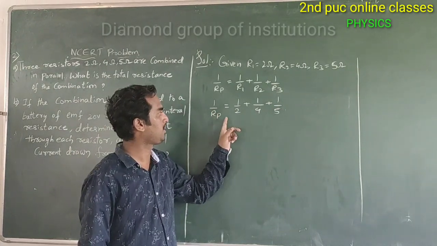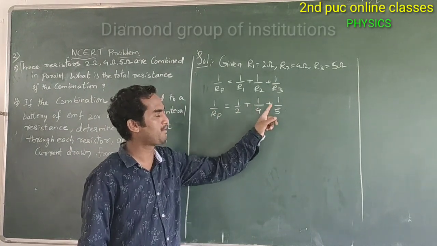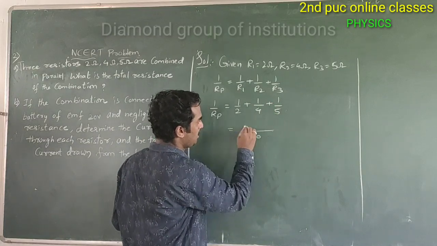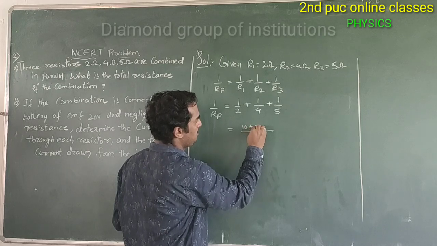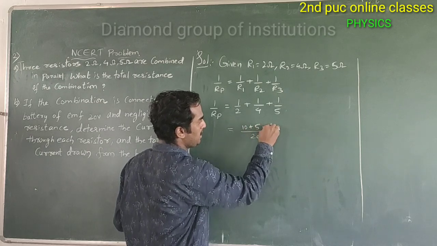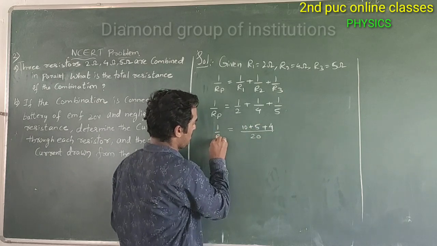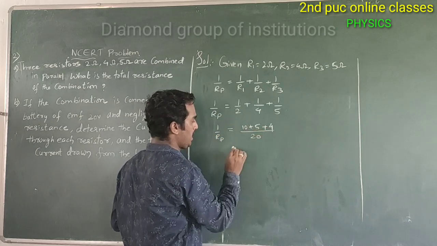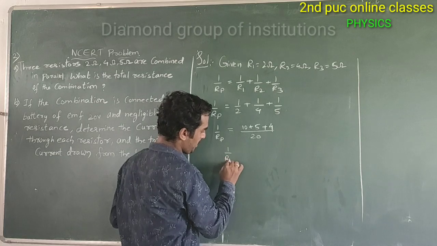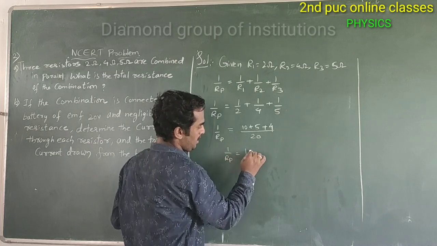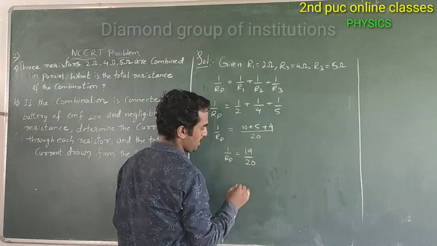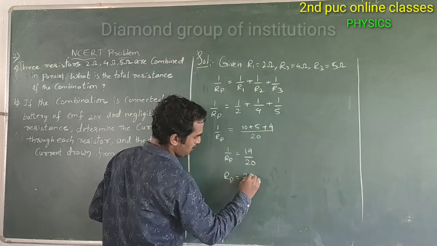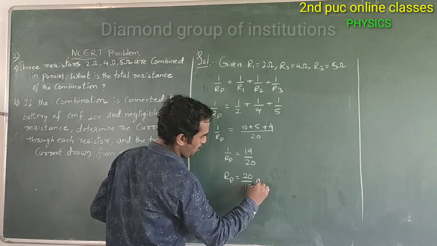So what will be the LCM here? 20, so 10 plus 5 plus 4. So 10 plus 5, 15, 15 plus 4, 19. So 1 by RP equal to 19 by 20. If you take reverse, RP equal to 20 by 19 ohm.